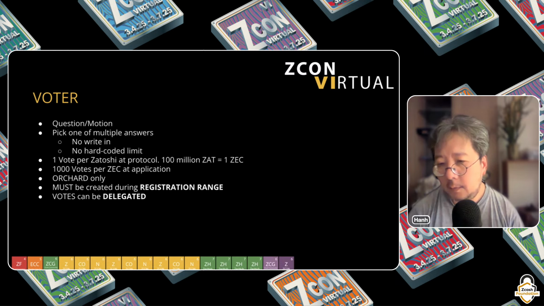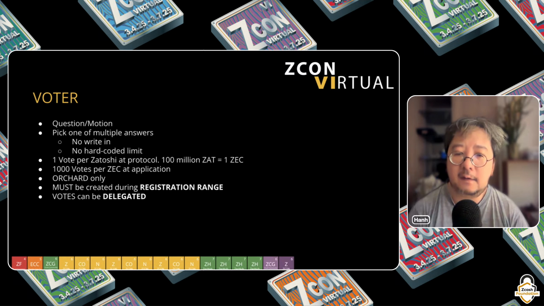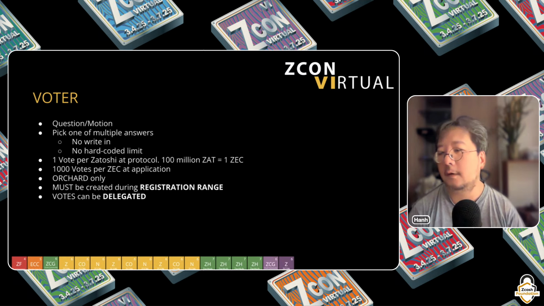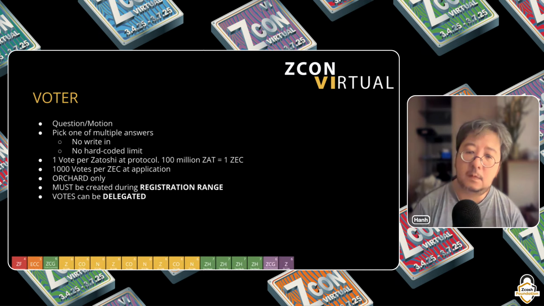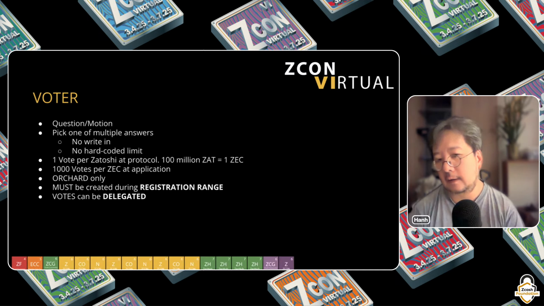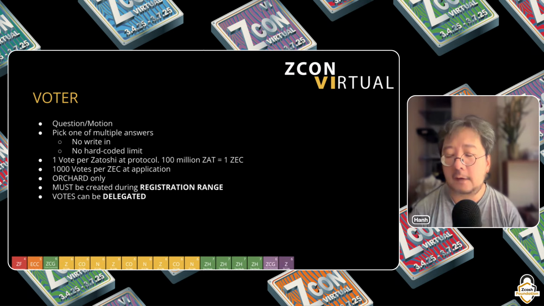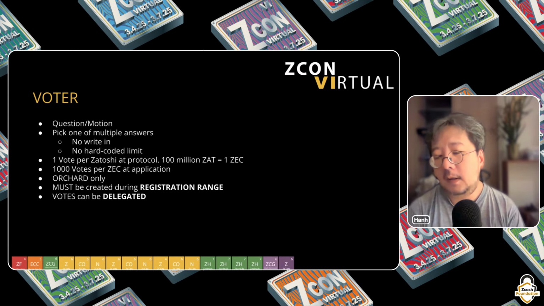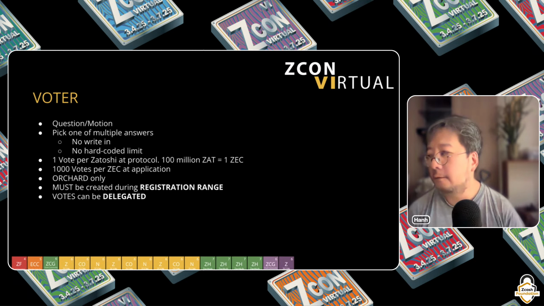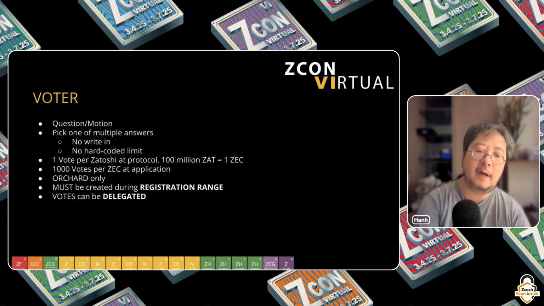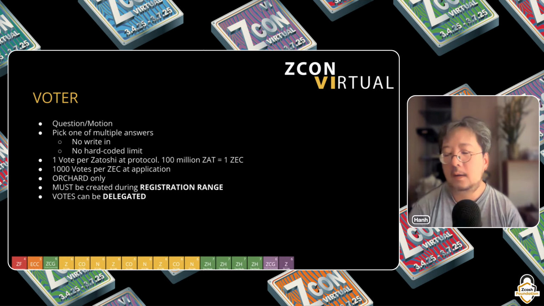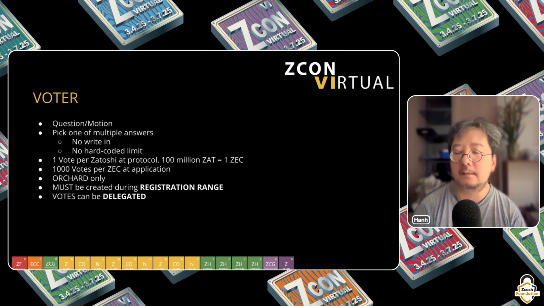And by creating the Orchard notes, I mean you must have received these funds during that period. So if you have received the funds after height B, after the end of the range, they are not going to be usable. We cannot vote with them. Anything that happens after the end of the range, basically it never happened.